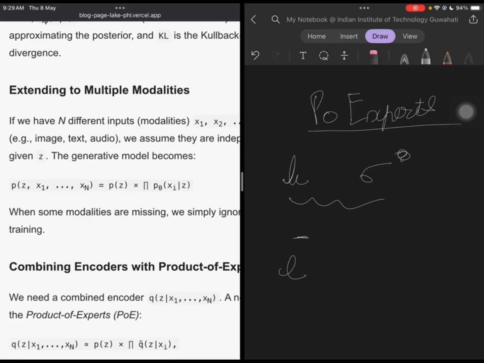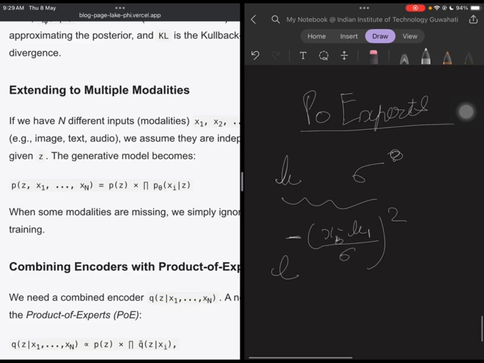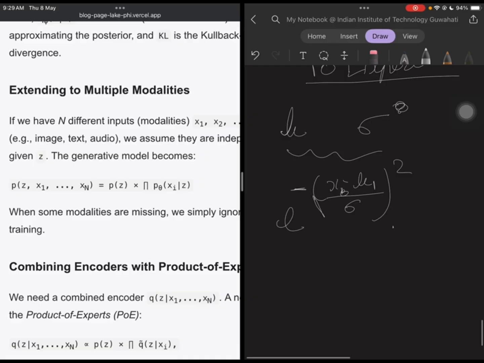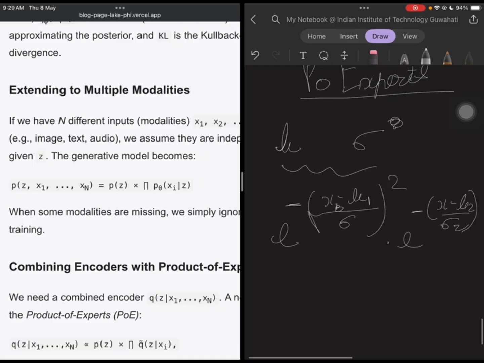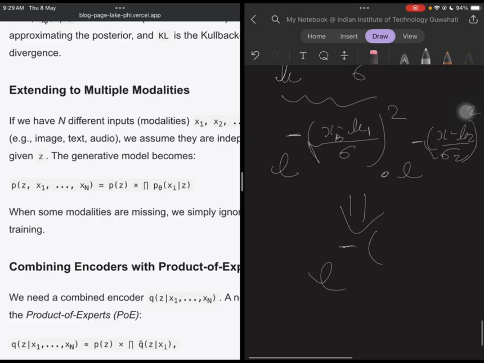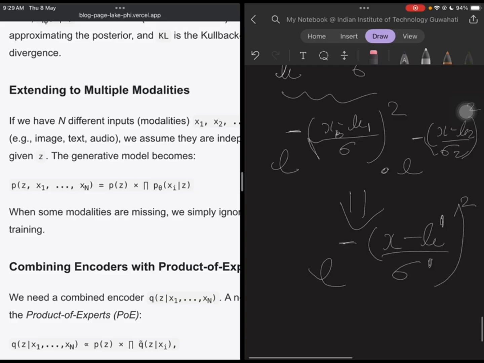So the idea is that, x minus mu1 by sigma whole square, like the normal distribution is like this only, as far as I remember, and similarly mu2, sigma 2. The idea is to just multiply them and get an equivalent representation, mu bar and sigma bar whole square.